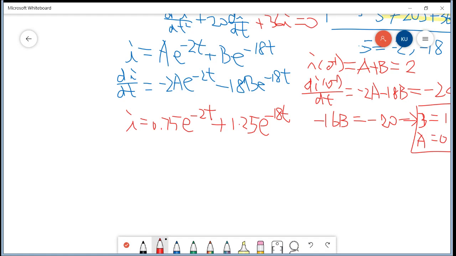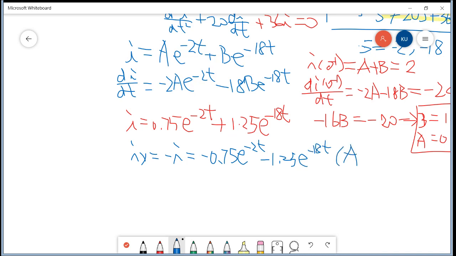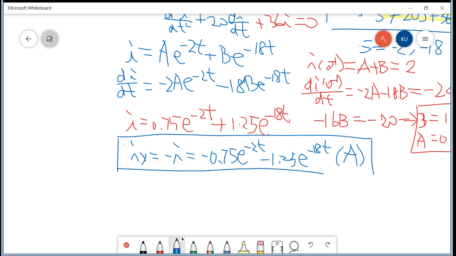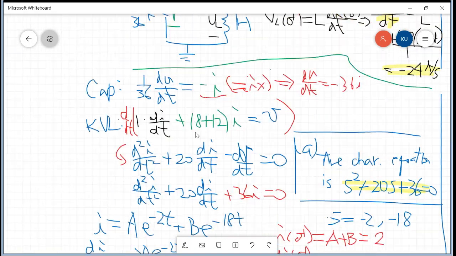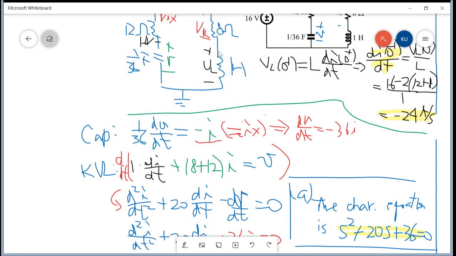Hopefully it is not too difficult, because Ix is actually minus I, which is 0.75 exponential to minus 2t minus 1.25 exponential to minus 18t A. So this is one of the answers we would like to find. And then we also like to find Vr.